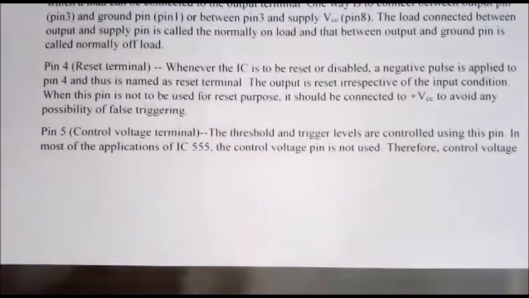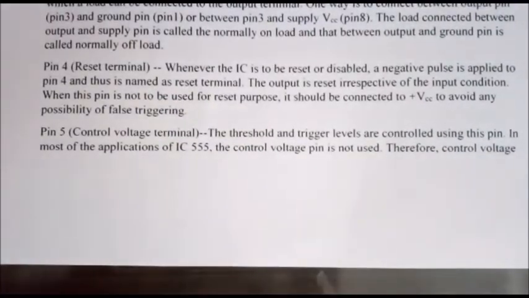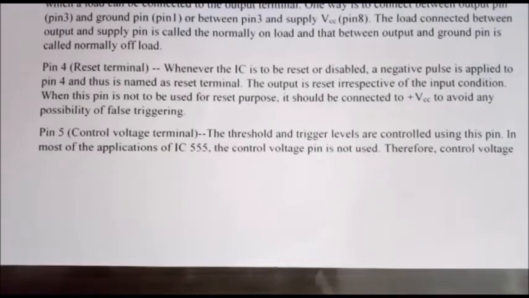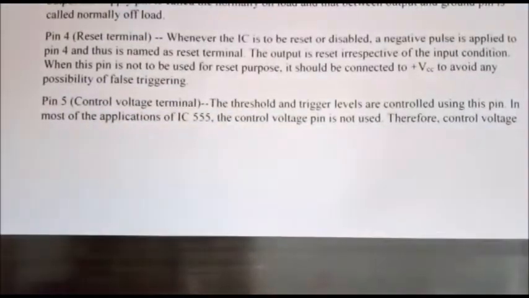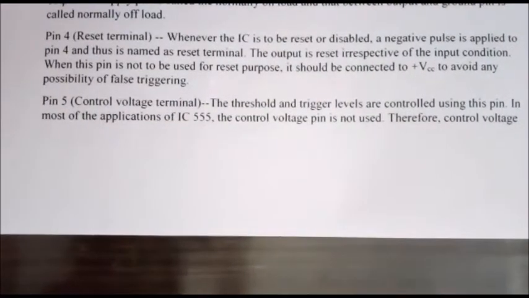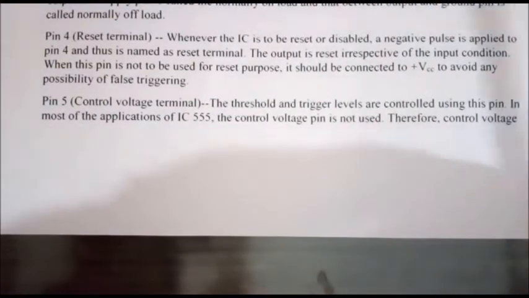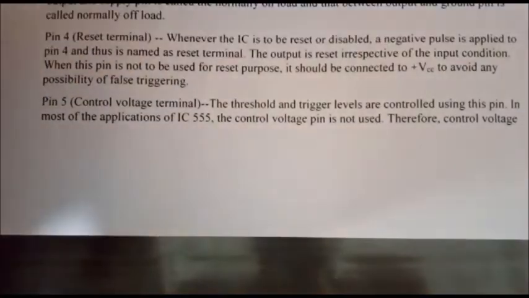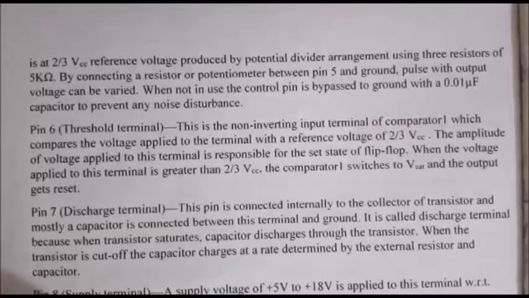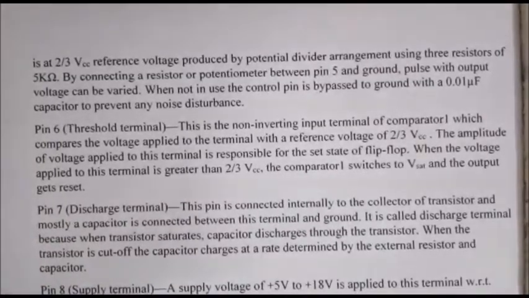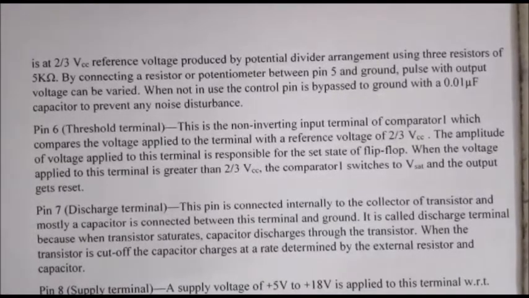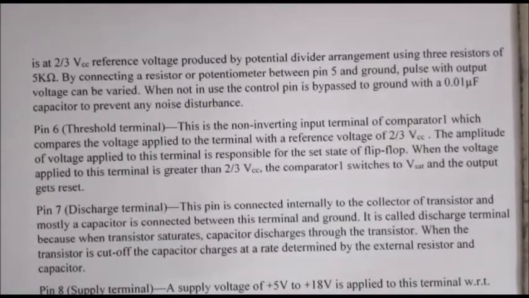Pin 5 is the control voltage terminal. The threshold and trigger levels are controlled using this pin. In most applications of IC 555, the control voltage pin is not used. Therefore, the control voltage is at 2 by 3 VCC, the reference voltage produced by the potential divider arrangement using 3 resistors of 5 kilo ohm.